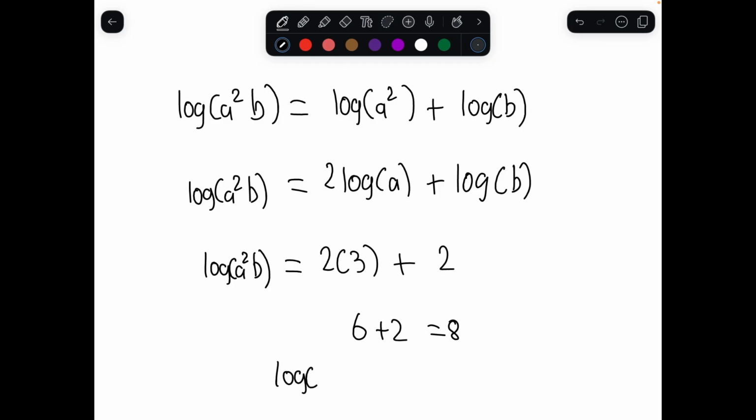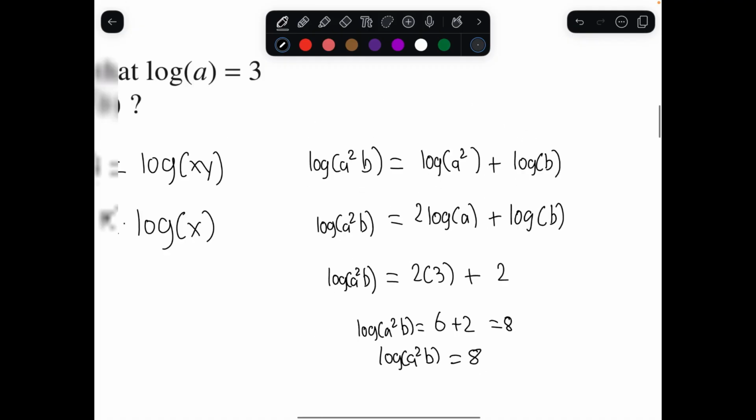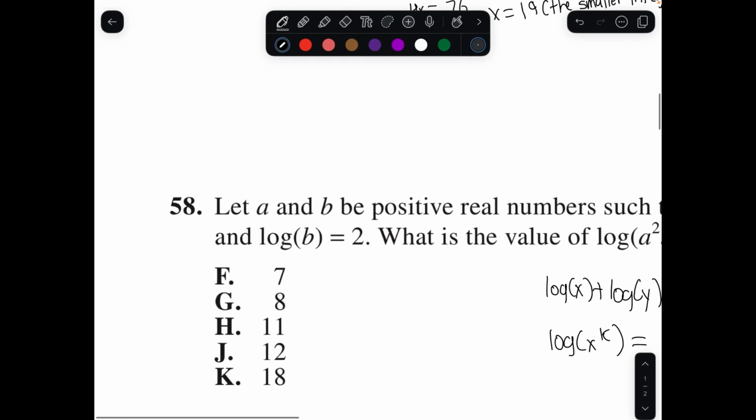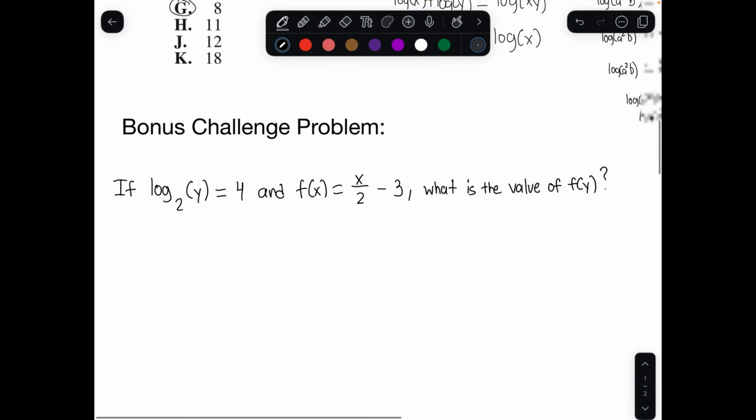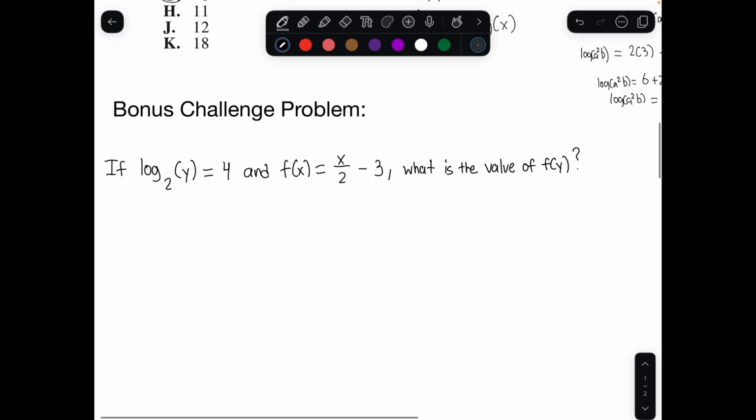So that means log a squared b equals 8. So 58 is G.